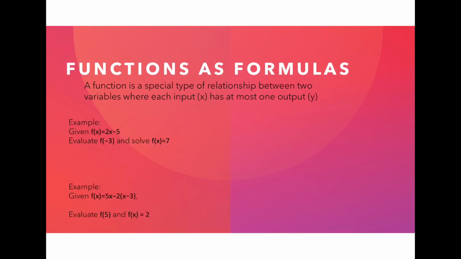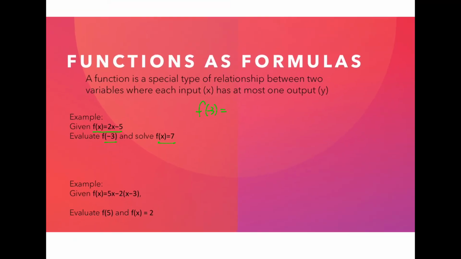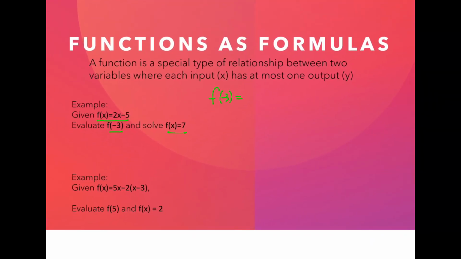All right, now most of the time what we're going to be doing is looking at equations. So I want to run a couple of examples where you're given a function and you want to find f of this, or f of x equal to that. So for f of negative 3, that of course means we're plugging negative 3 in for x. So negative 3 is my input.